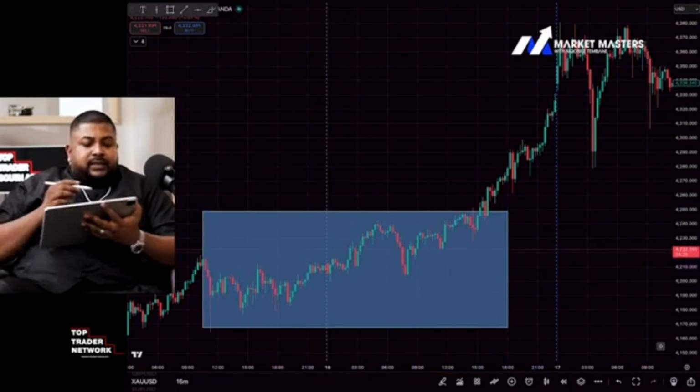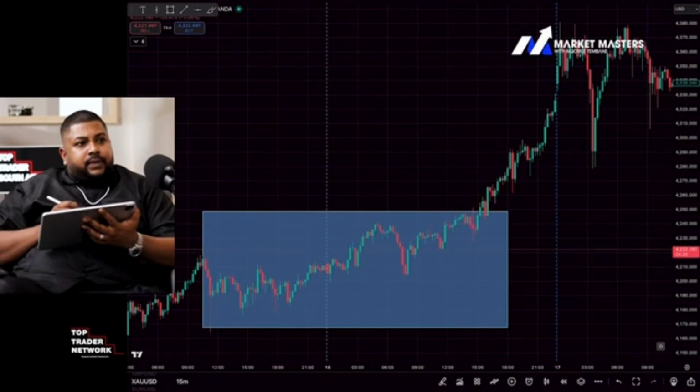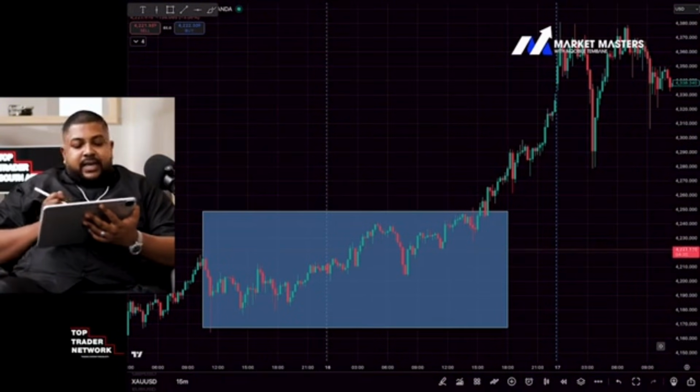Essentially, this is my accumulation phase, so I know what to expect afterwards. What to expect afterwards is the manipulation, the break, where the market makers are manipulating the market, accumulating orders, tricking people into thinking that the market's going to continue buying or continue selling.